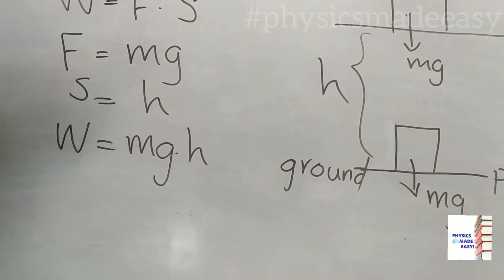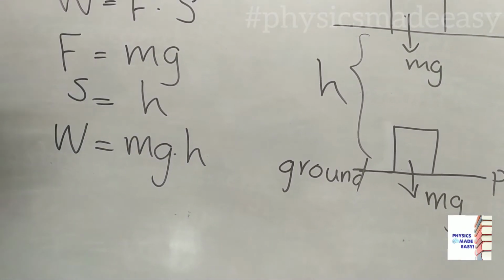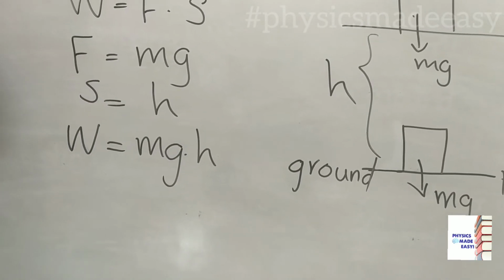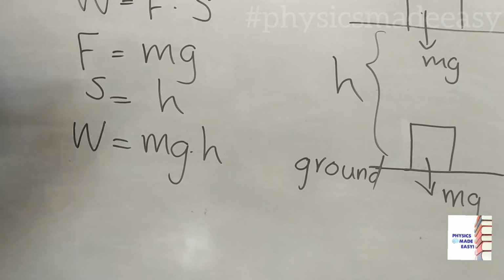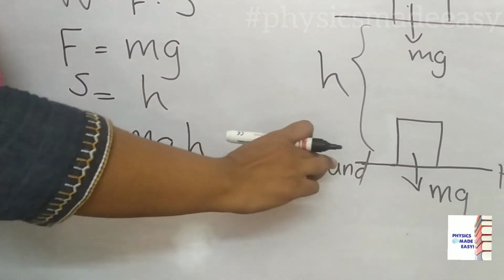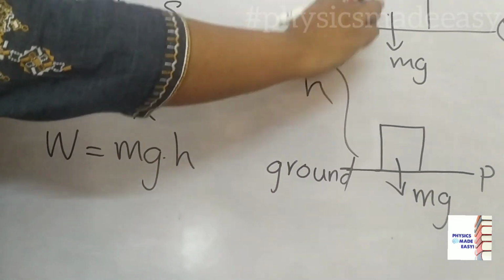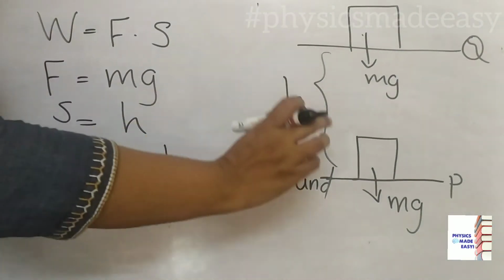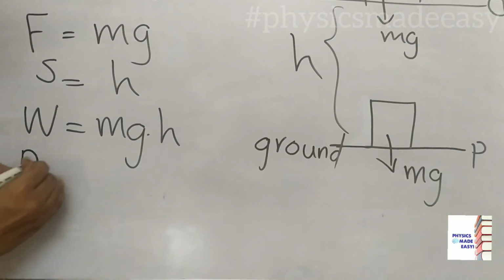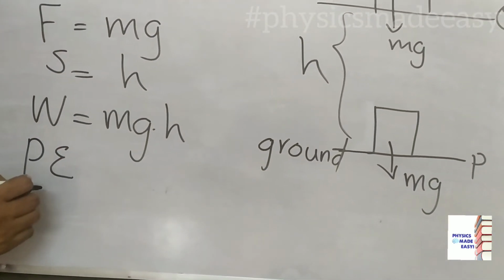In the case of kinetic energy, I told you work done is equal to energy. There we discussed the motion of the object, so the work done is kinetic energy. Here we are discussing potential energy, so we have to consider the position of the object, that means the height of the object. That only has importance here. So instead of work done we can write potential energy.